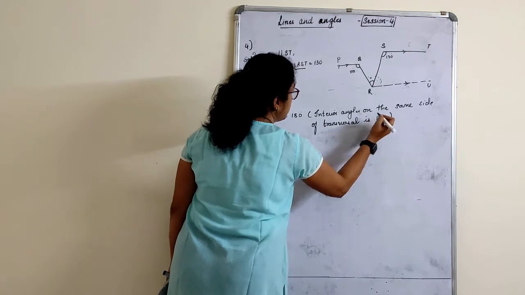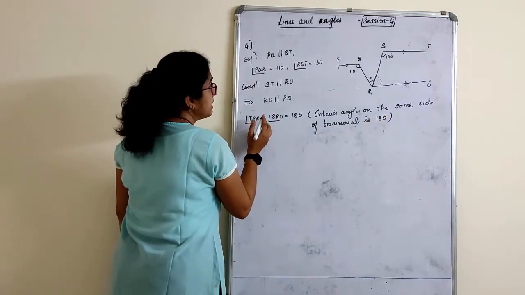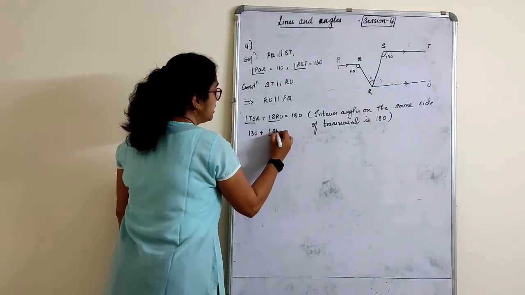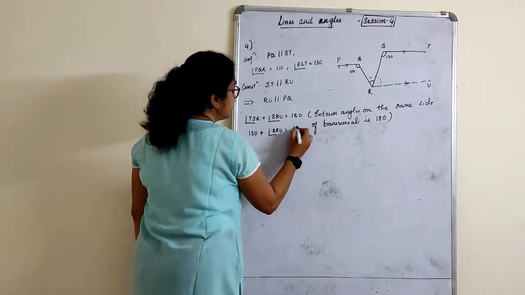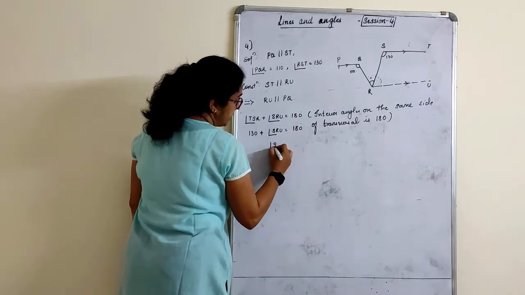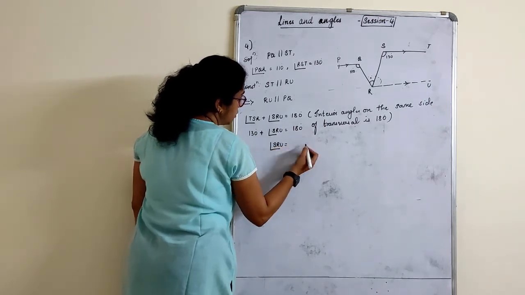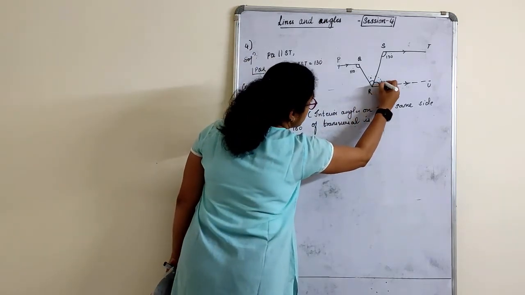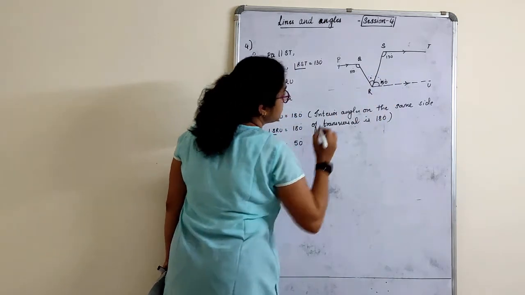So angle TSR is 130 plus angle SRU is 180. So directly I will write angle SRU is equal to 180 minus 130, 50. So this angle is 50.